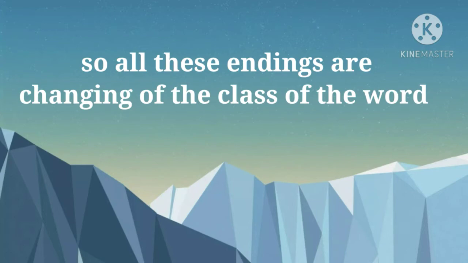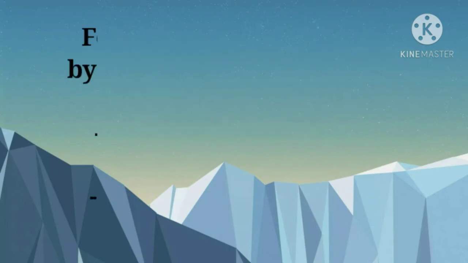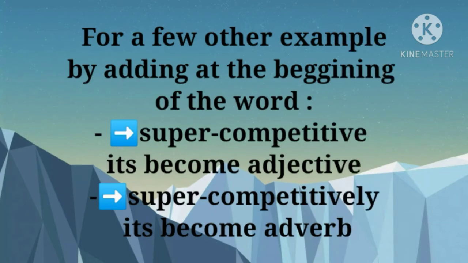So these are derivational, but they don't have to go at the end only. Derivation change can also go at the beginning of the word. For example, if I add the word super before the word competitive, the word class is still adjective, but the meaning is changed. It becomes super competitive.